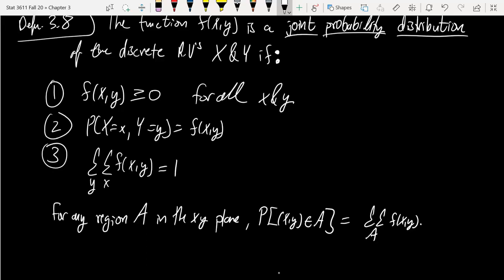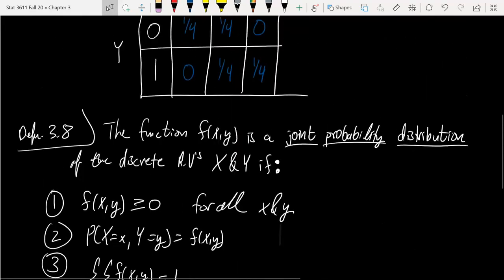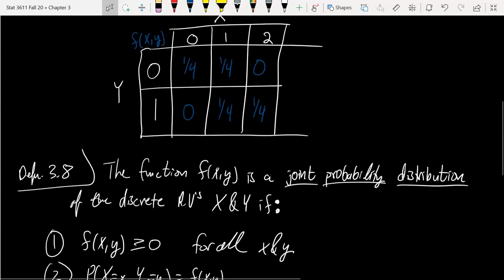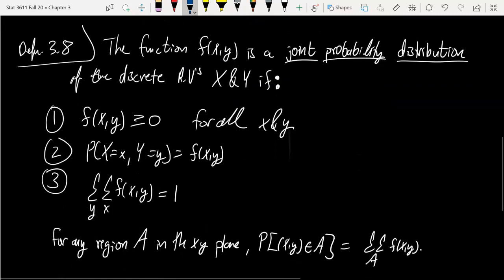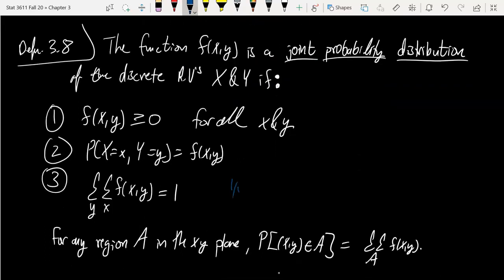So, real quick, I just want to tie this back into the last example. Notice that when we sum all of our probabilities here, a quarter plus a quarter plus a quarter plus a quarter, and we have some zeros in there as well, that adds up to 1.